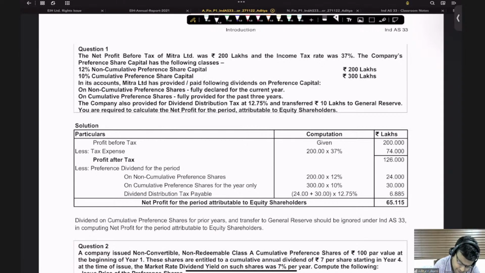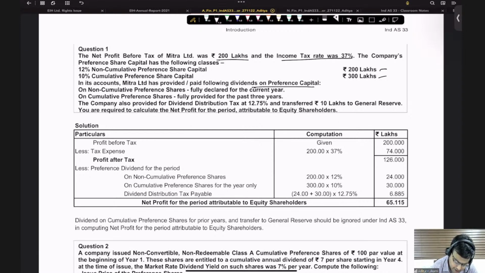So the net profit of Mitra Limited was 200 lakhs. Income tax rate was 37%. The company's preference share capital has the following classes: 12% non-cumulative preference share capital, 200 lakhs, and 10% cumulative preference share capital, 300 lakhs. In its accounts, Mitra Limited has provided or paid the following dividends on preference capital.